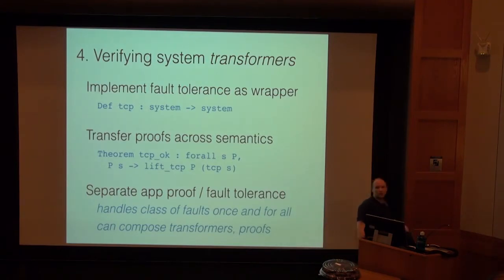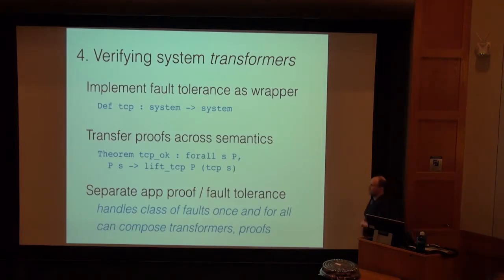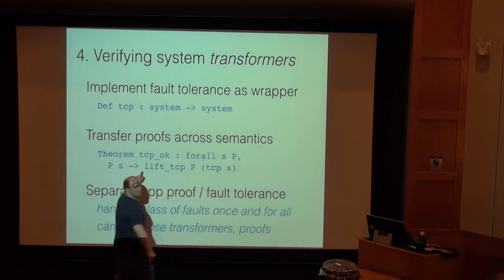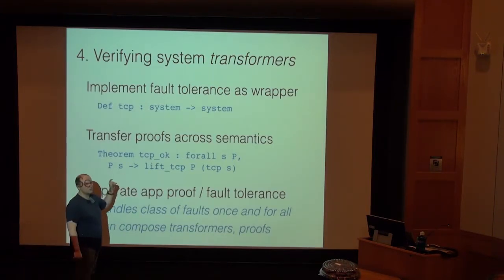Any other questions? So I guess, is it hopefully the case that if P was weak enough to start with, then lift TCP on TCPS implies P? So for most systems, that won't quite be true. I thought about actually doing an exercise like this, like, hey, come up with a semantics in a system where that is true.